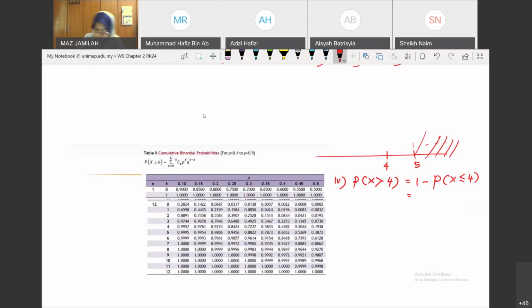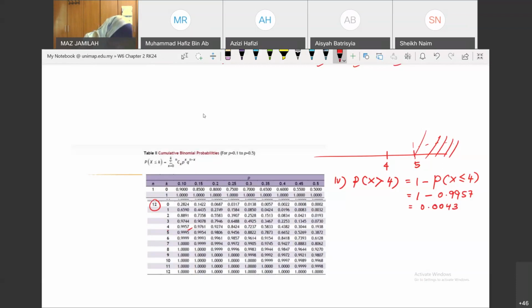Am I right? So it will be 1 minus 0.9957. Can someone calculate for me? 1 minus 0.9957, what's the value? 0.0043.